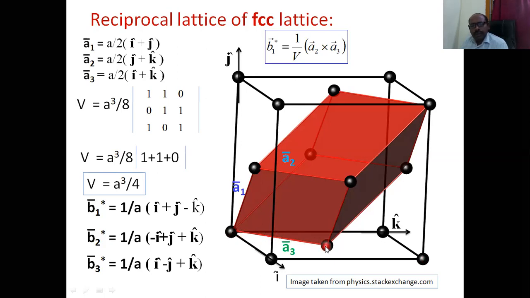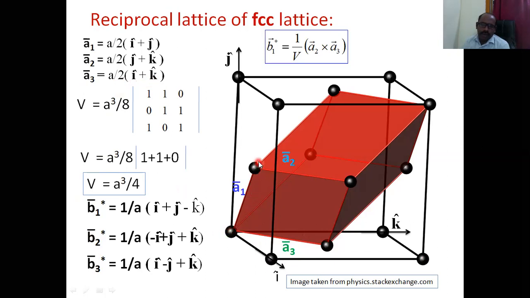Therefore the position vector of this lattice point gives us the basis vector A3. It has an x component of half the distance and a z component of half the distance. Therefore A3 is equal to a by 2 i cap plus a by 2 k cap.